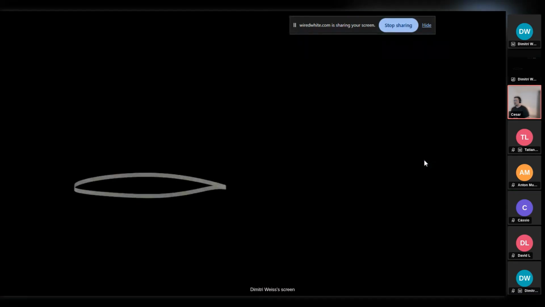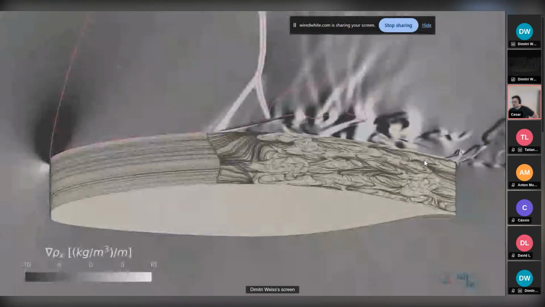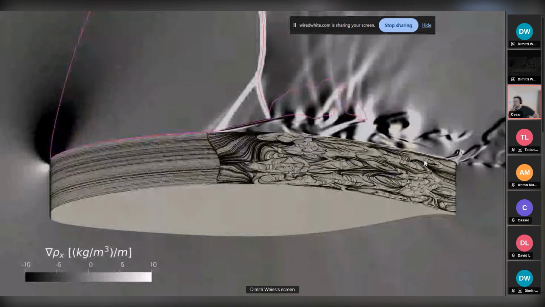Perfect. Now in this part, I will stop the video just to mention the flow properties that we are looking at. First of all, we have a lambda shock, which is a typical sign of shock-induced separation. You should recognize the pattern from the slide about Shockwave-Boundary Layer Interactions that I showed before.